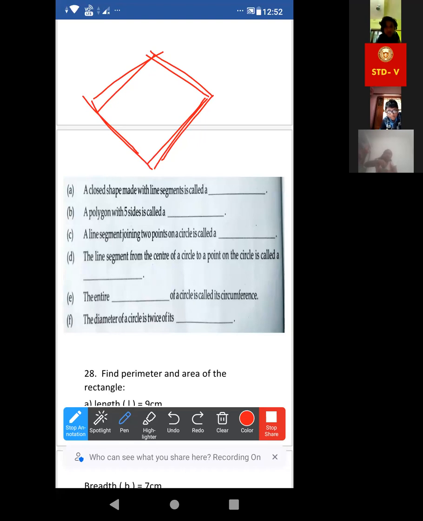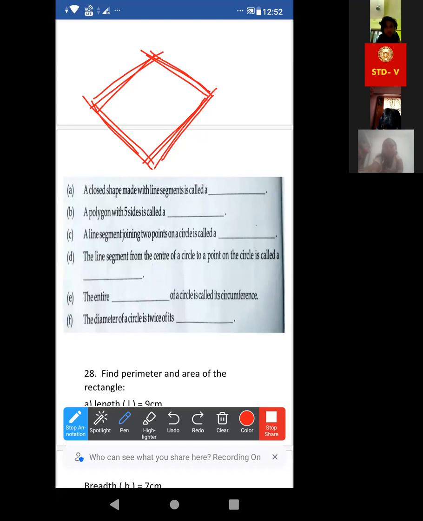It may use 4 or 5, 6, 7 lines, but we must use line segments. With 4 line segments, it is called quadrilateral. If 5 line segments, it is called pentagon. If 6, then hexagon, like this way.